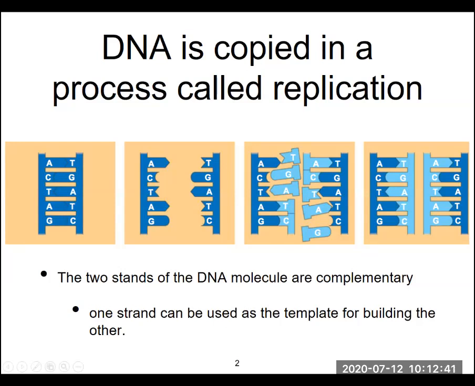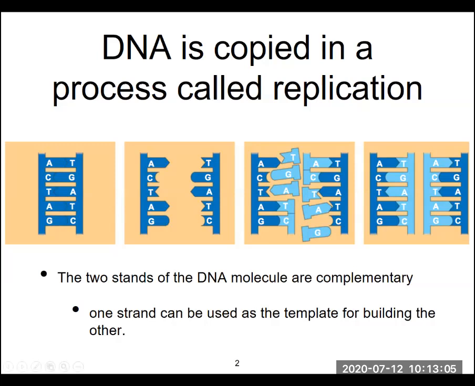So where we have an A, we can put in a T, in this lighter blue. Where we've got a C, we can put in a G. And so we can fill in, based on this template, these A's, T's, G's, and C's on this one strand. We can put in these individual nucleotides, line them up in that proper sequence so that we don't get a mutation. We don't get a change in our genetic information.